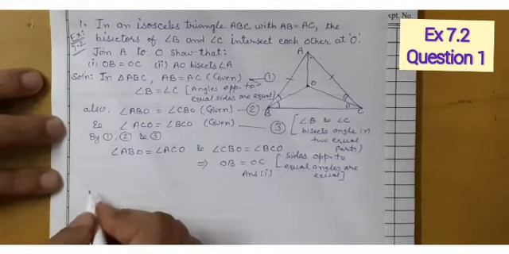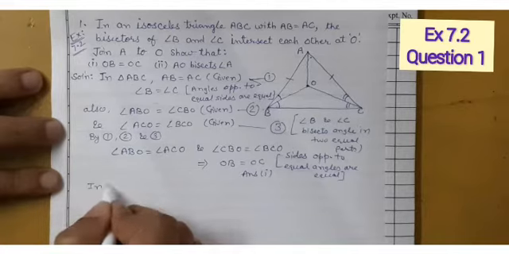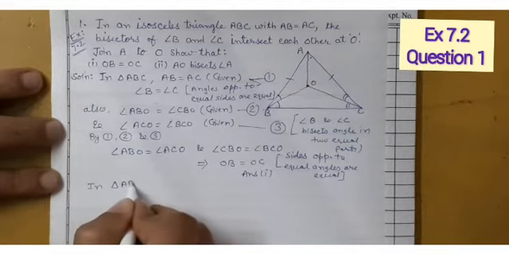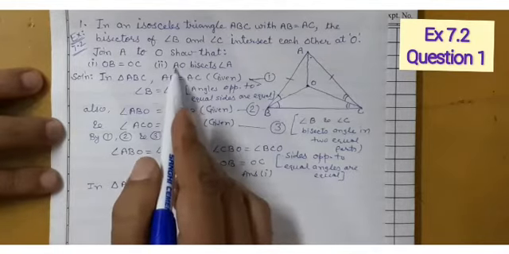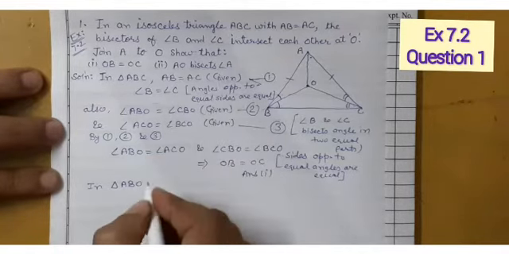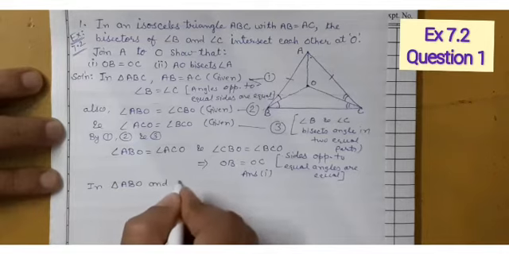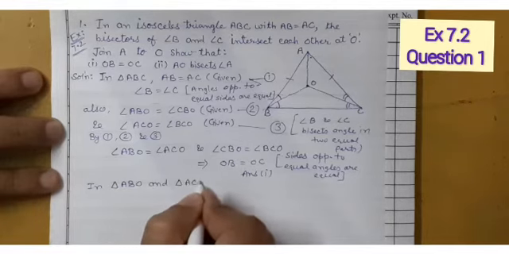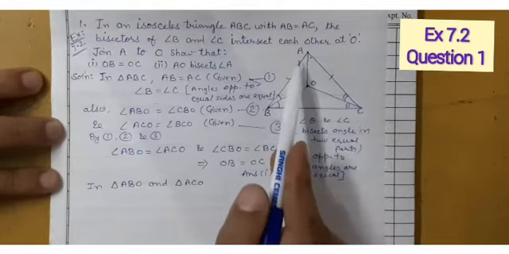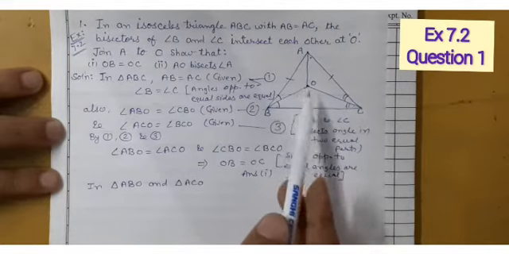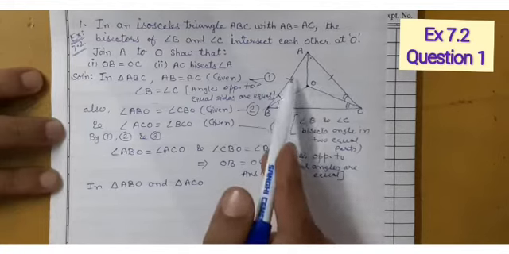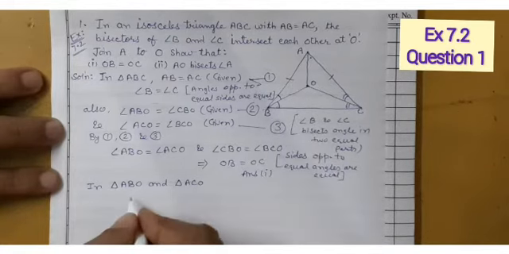Then for answer number 2, you have to take two triangles, ABO and ACO, because you have to show that AO bisects angle A. In these two triangles, what is given to you?